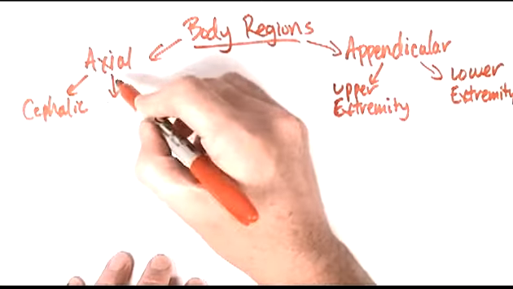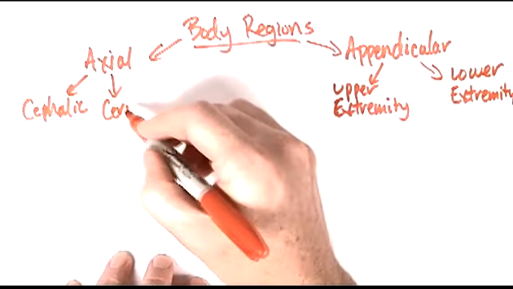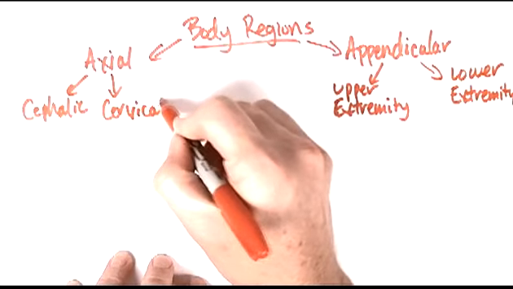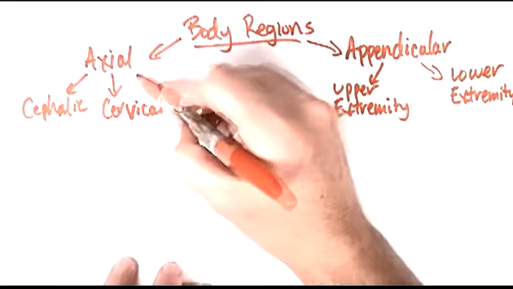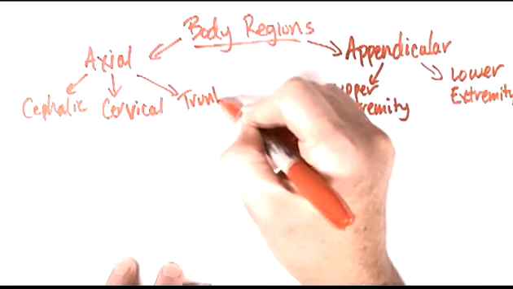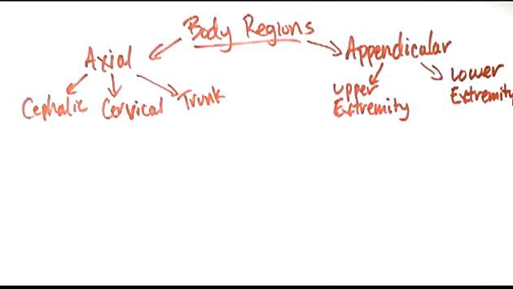And then we have cervical, and cervic means neck. And so the cervical is going to be the neck area here. And again, we're looking at this head, neck, and what we call the last region here, the trunk. And you would call that the thorax and the abdomen from a biology perspective.